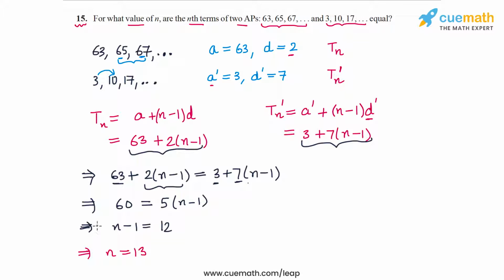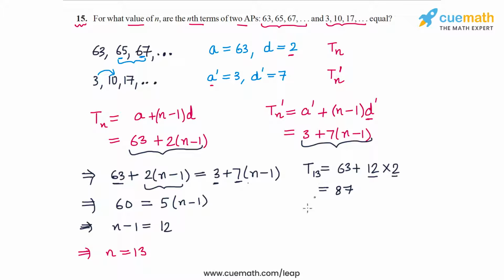So the 13th term of both APs will be equal, and if you want you can verify this. So the 13th term of the first AP will be T13, which will be the first term 63 plus n minus 1, so that's 12, into D is 2, so 12 into 2 is 24, and 63 plus 24 is 87.